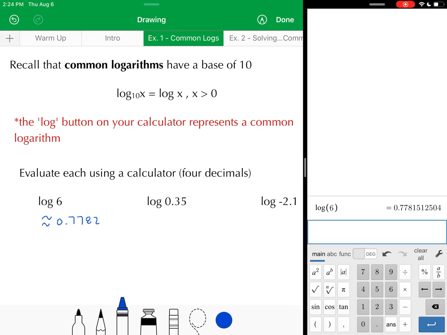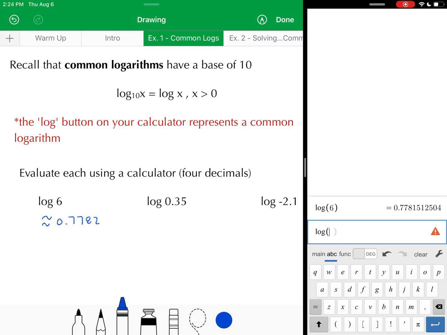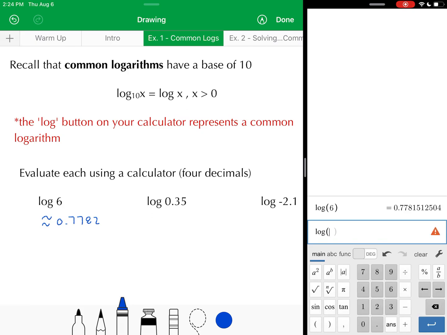So 10 raised to what power is 0.35? Since that's smaller than 1, that tells me my result has to be a negative value. Log of 0.35 is approximately negative 0.4559.